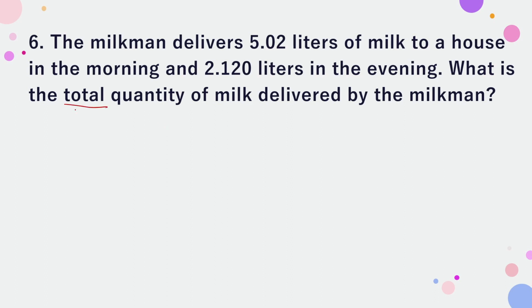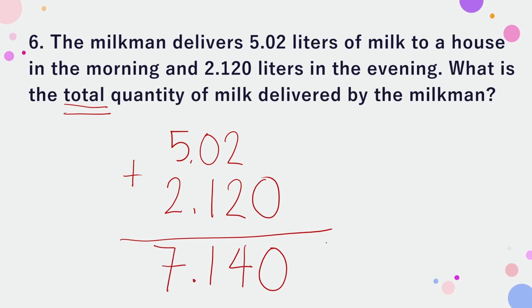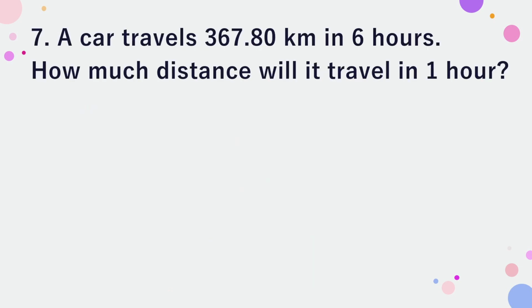So we have 5.02 plus 2.120. So let's do addition here. So this becomes 0, 4, 1, 7. This is in liters, by the way. Okay, let's move on to problem number 7.